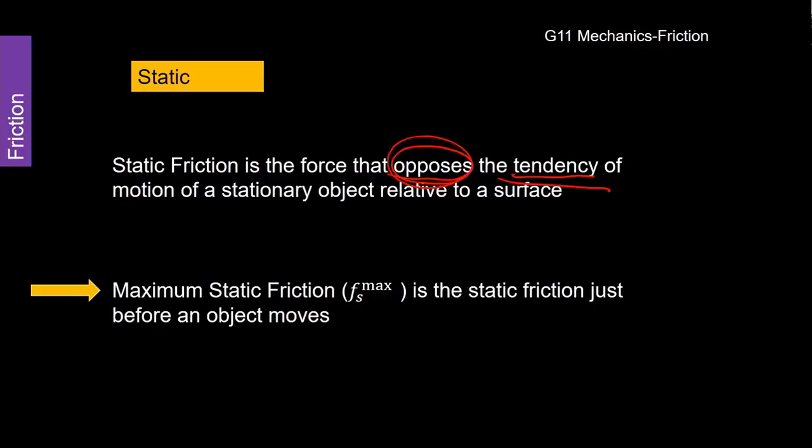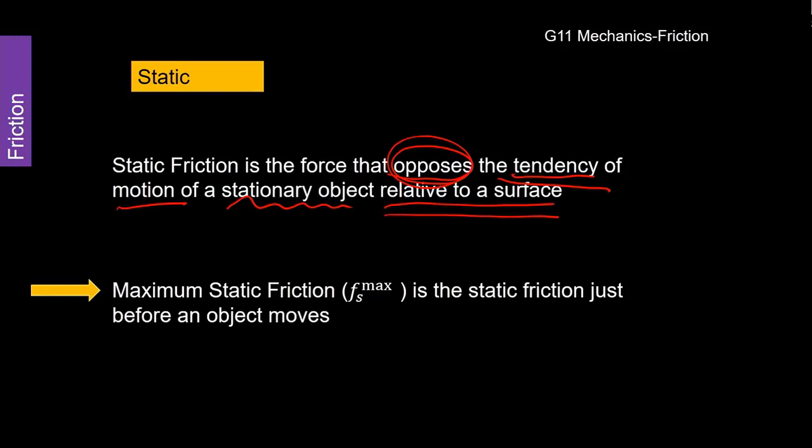So the applied force is being applied, it is intending to move, and so it is the tendency of motion of a stationary object. It is something which is static. It is not moving yet. It has to be relative to the surface. So that is the definition for static friction.